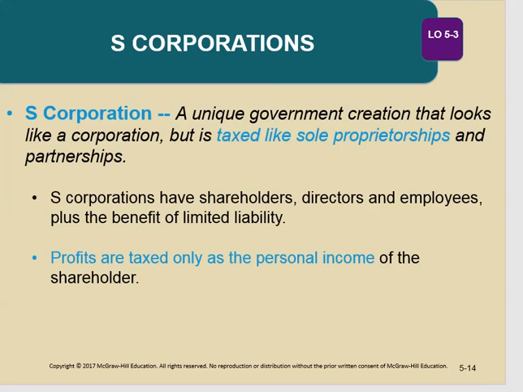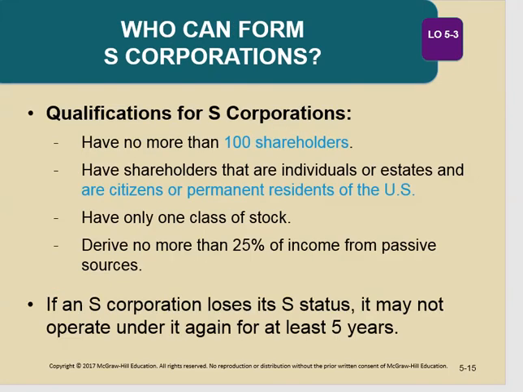However, for an S corp, there are some limitations. You can only have 100 shareholders. All the shareholders must be U.S. citizens. You can only have one class of stock. So there's common stock, and then there's preferred stock. You can only have one class of stock, which is generally going to be common stock, not preferred stock, I'm sorry.